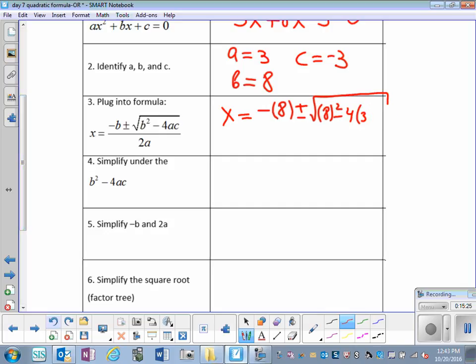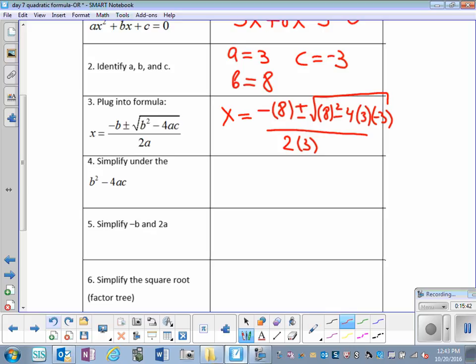And then I divide everything by 2a. Just put the coefficients in parentheses, just for now.